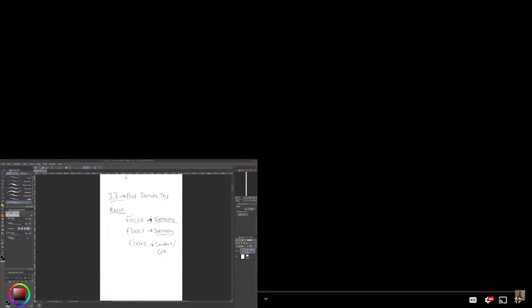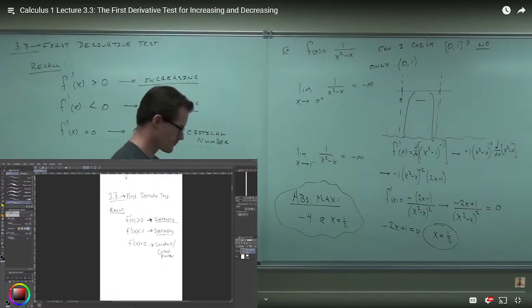I think they switched to critical numbers because technically x equals a value isn't quite a point, is it? It's just a number. What are critical numbers again?